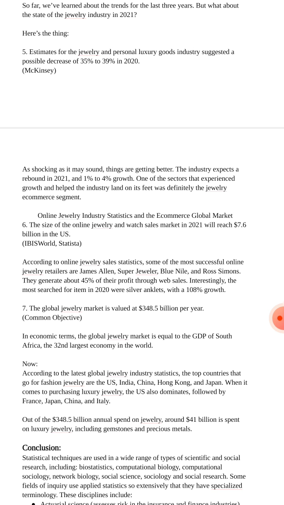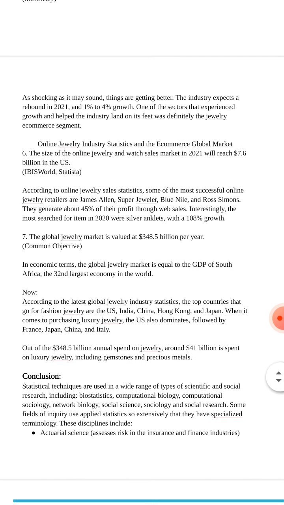The global jewelry market is valued at $348.5 billion per year. In economic terms, the global jewelry market is equal to the GDP of South Africa, the 32nd largest economy in the world. Now, according to the latest global jewelry industry statistics, the top countries that go for the fashion industries are the US, India, China, Hong Kong, and Japan.